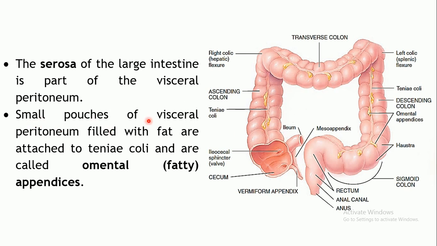Now there are small pouches of this visceral peritoneum which are filled with fat, and these are attached to the taeniae coli. As you can see over here, the yellow colored small structures.